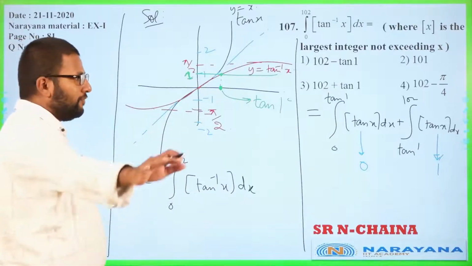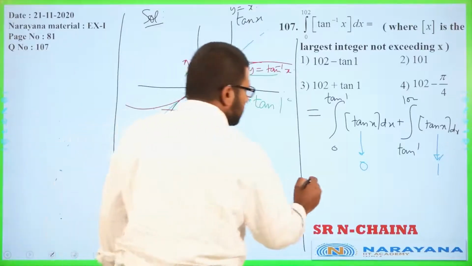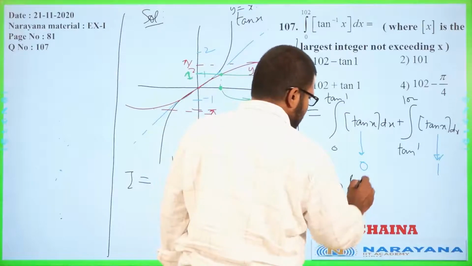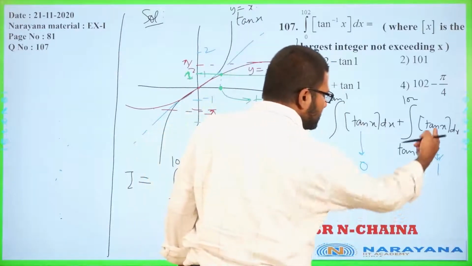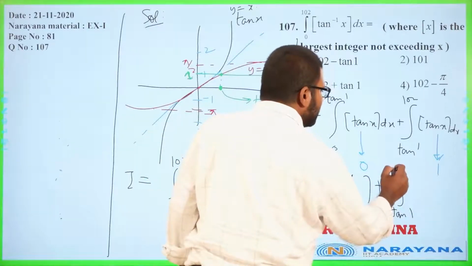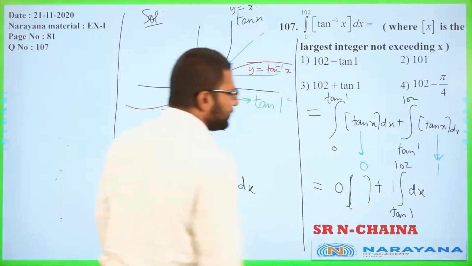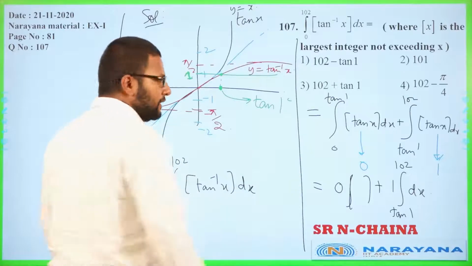Alright? If that much is clear, the problem is as good as solved, because this is 0 into some values, plus because this 0 will come outside, this whole thing will come 0, plus this is 1, no? So 1 integral tan 1 to 102 dx, because 1 has come outside, integral dx is x only.